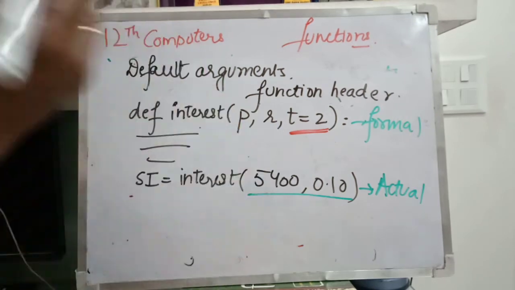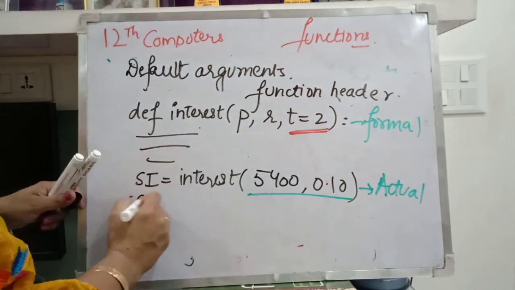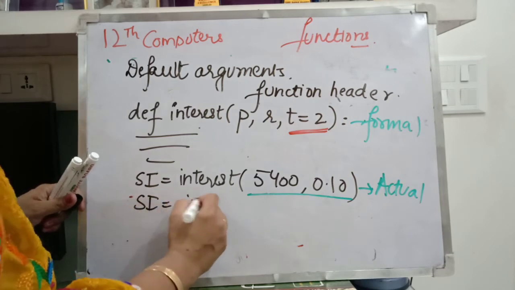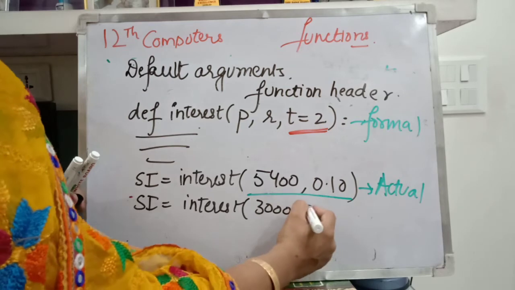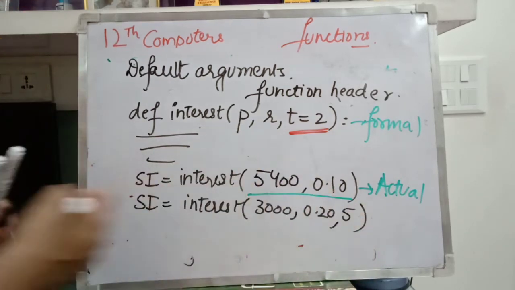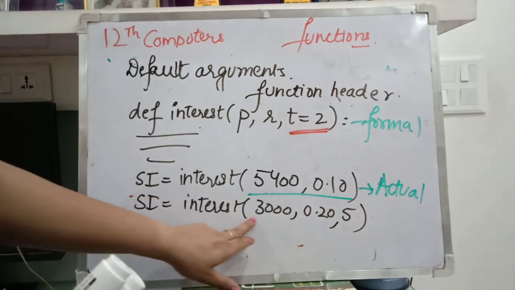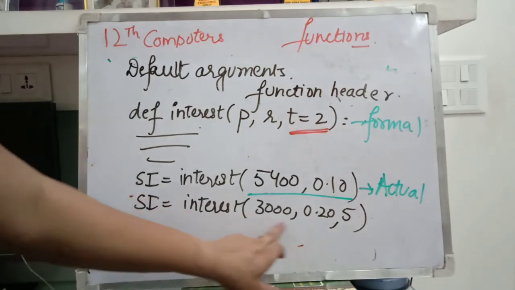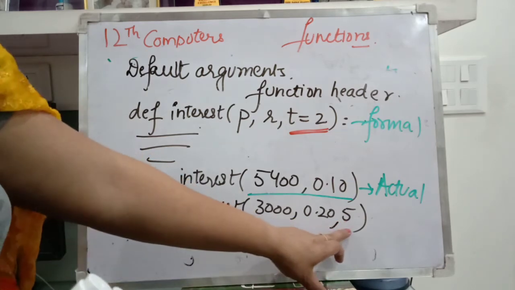Now let's see one more example of this thing, one more alteration. Once again I am passing values, let's suppose 3000, 0.20 and 5 years. Now in the function calling I have mentioned all the 3 values, that means principal, rate and time.